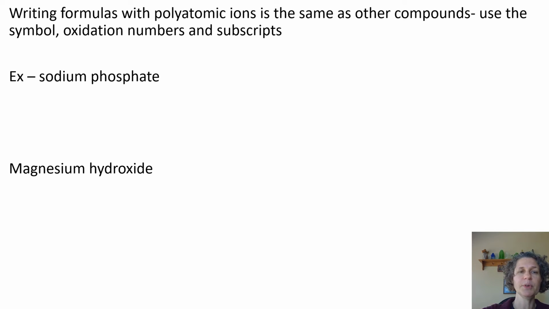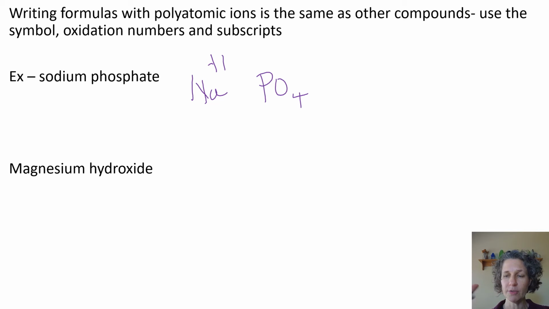Okay, here we go. Writing the formula with polyatomics, same rules. So we write the symbol. Sodium is Na. Its oxidation number is +1. Phosphate is PO4, capital P, capital O, and 4 O's. So 1 P, 4 O's, and its oxidation number is -3. So same thing. I need to figure out how to make those equal 0.